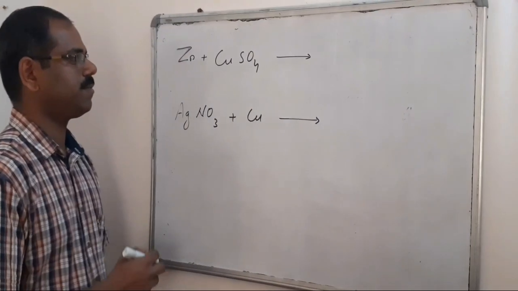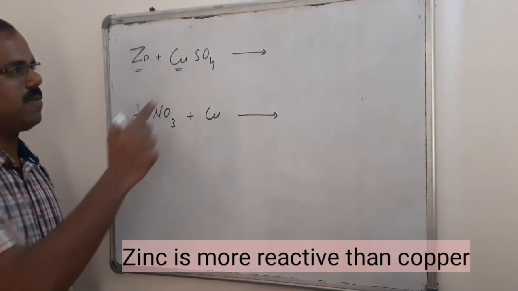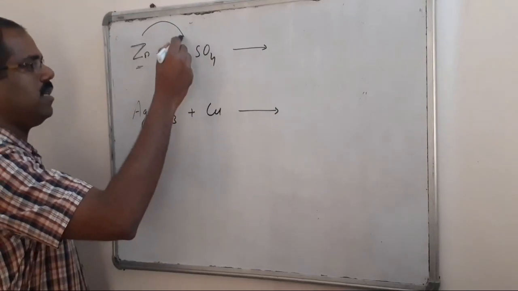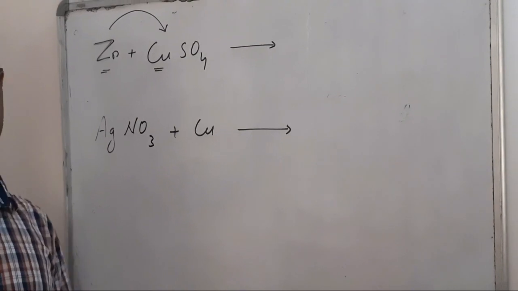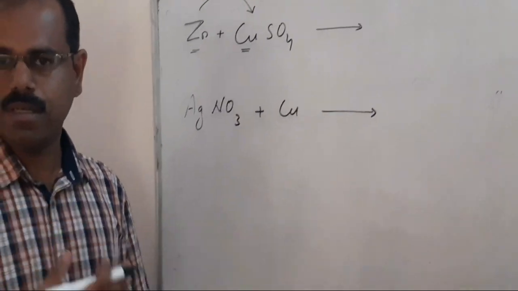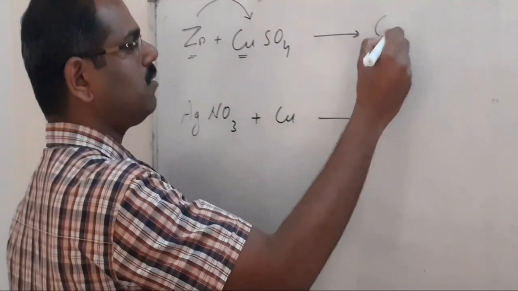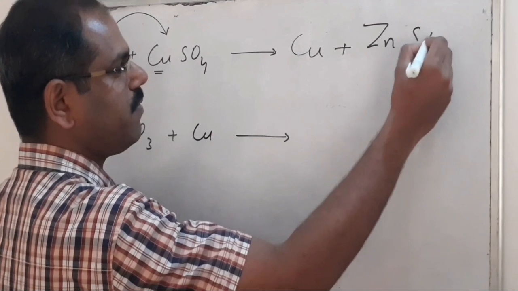See the next equation. We have two metals, zinc and copper. As we know, sulfur and oxygen both are non-metals. The more reactive zinc displaces copper. Look at the reactivity series. After the zinc, the copper comes in the reactivity series. Okay, so copper goes out, then who comes? Zinc comes here, so it becomes zinc sulfate.